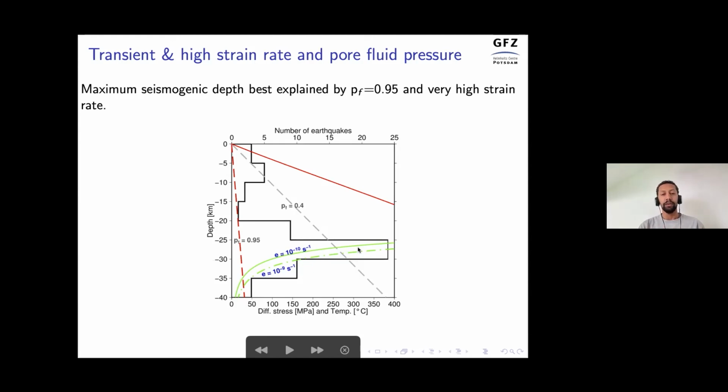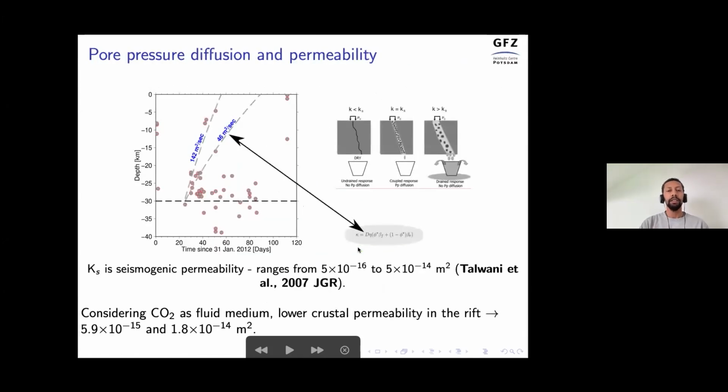The only way to explain the observed seismicity in the lower crust in the main Ethiopian rift is when we have a near lithostatic pore fluid pressure and a very high strain rate. If that's the case, we can use this result to quantify the permeability, because we can compare it with the so-called seismogenic permeability.